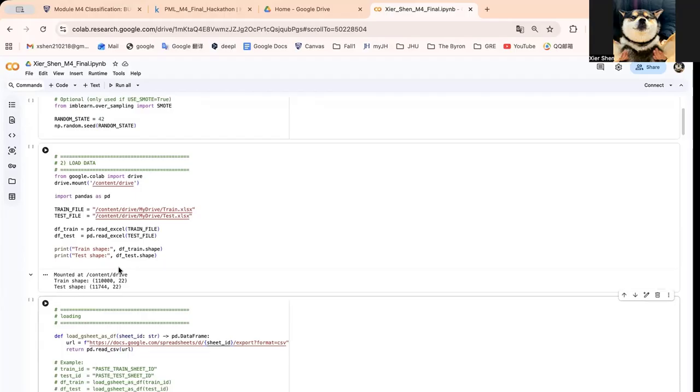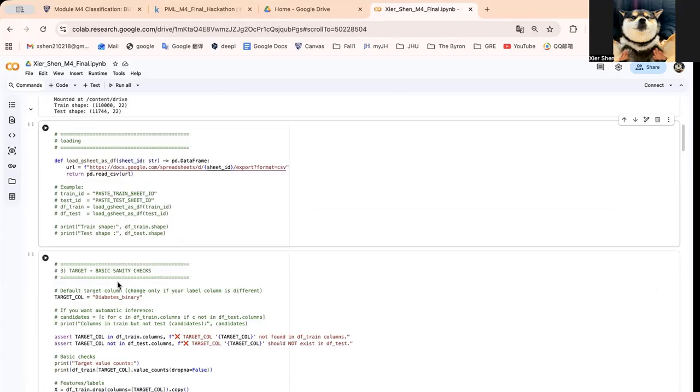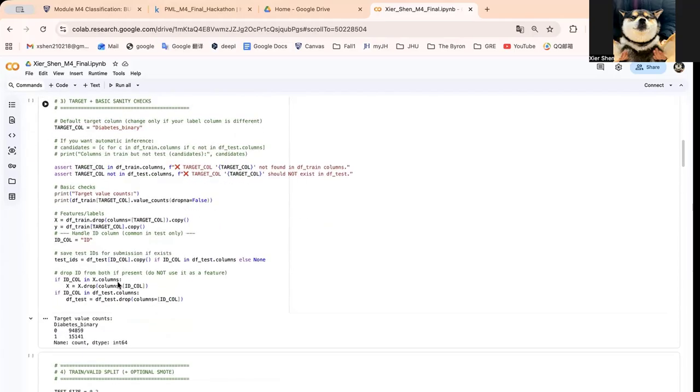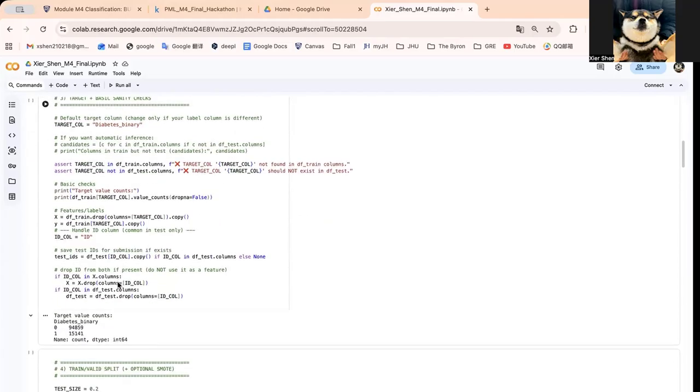After confirming the data structure, I moved to target validation and distribution checks. I examined the target distribution. We have approximately 94,805 negative cases and 15,141 positive cases.